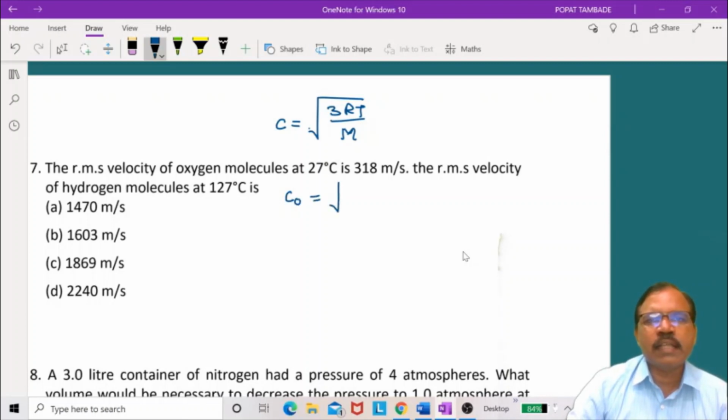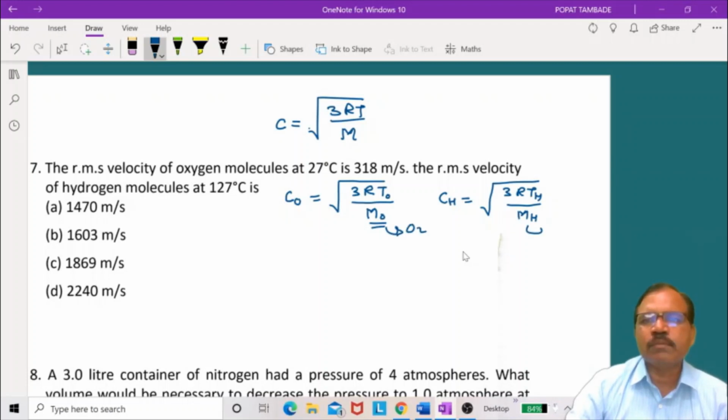We can write C0 is equal to root of 3RT0 upon M0. And we can take CH is equal to root of 3RTH upon MH. Here M0 is molecular weight of oxygen and MH is molecular weight of hydrogen gas.